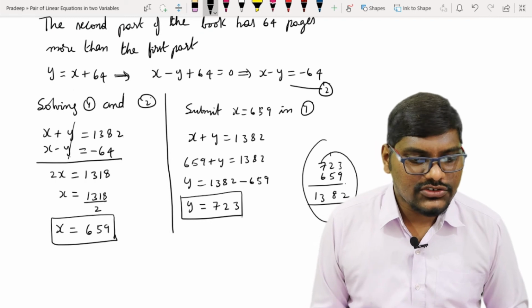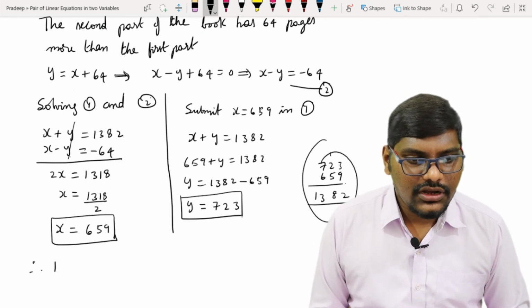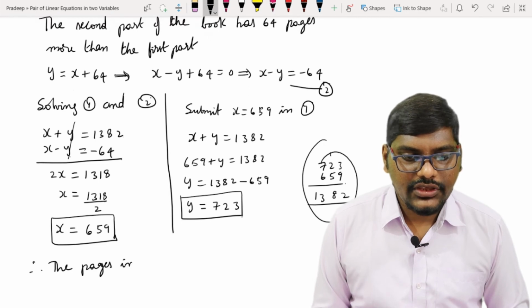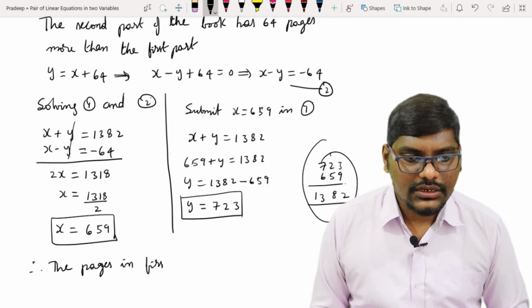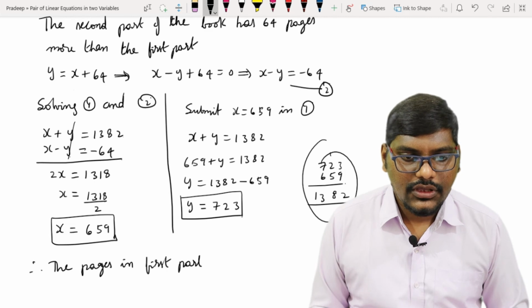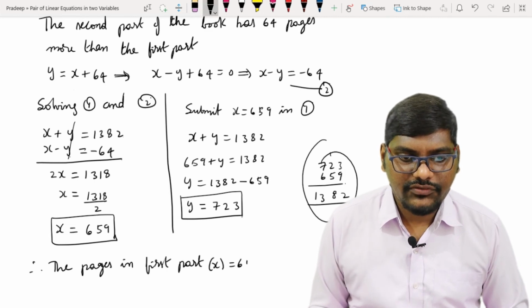So we'll write the conclusion. We can say, therefore the pages in the first part, that is how much? The first part we took as x, so that is 659.